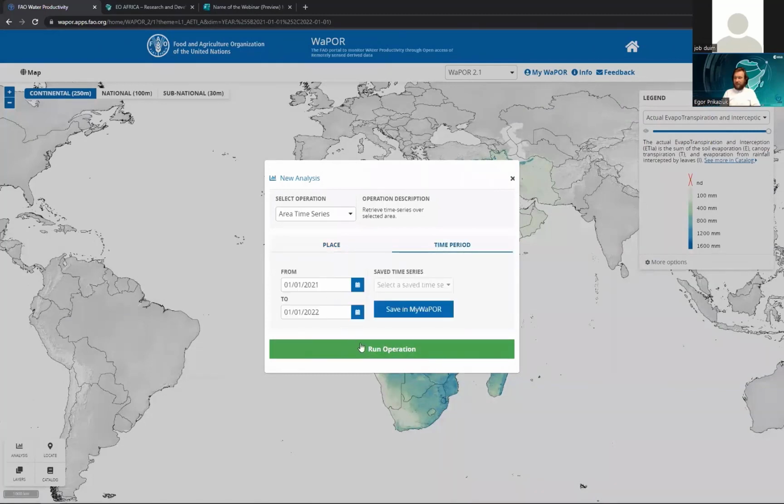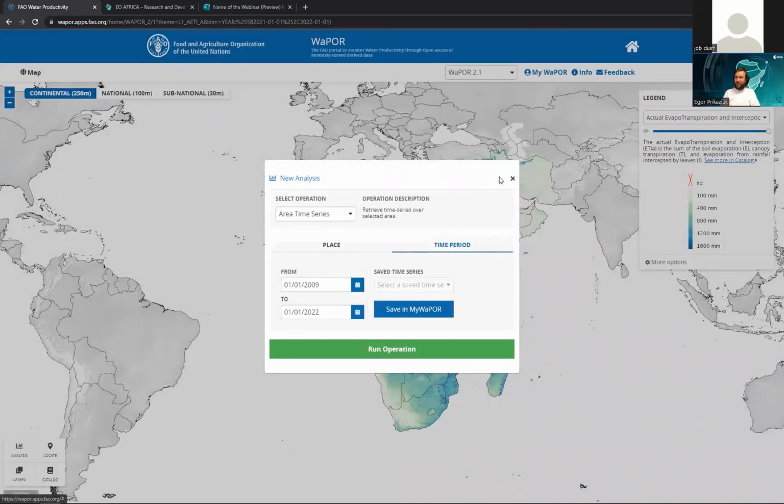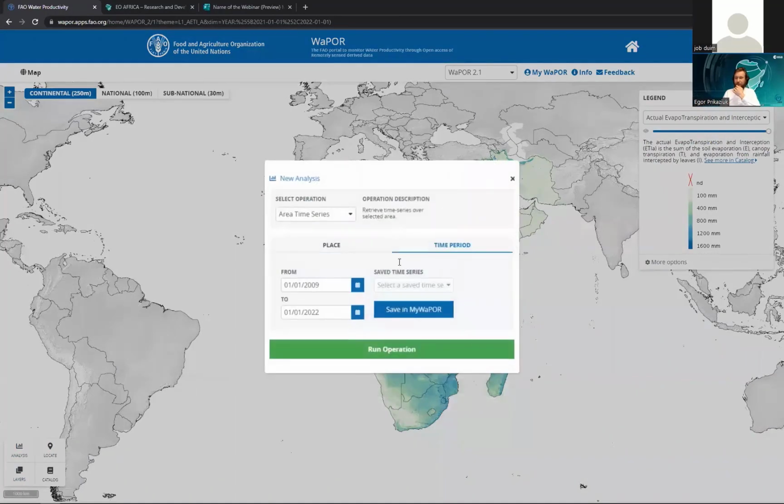Actually, let's try. It will also work, because the longer the time series, the more difficult to get them. We'll run operation. Okay, there was a problem, probably too long. Or something with my polygon. Normally, you should be able to do that area time series.